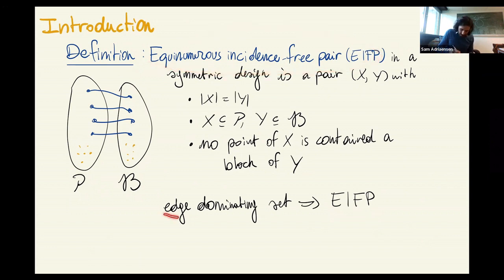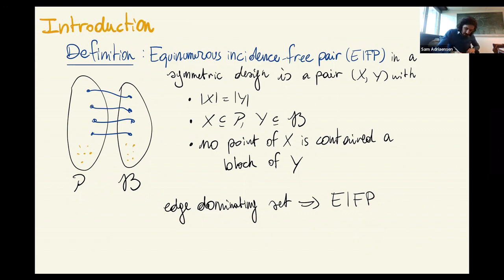So anyway, an edge dominating set gives rise to an equinumerous incidence-free pair, which is nice because these things, well, we can study them with known techniques and known structures of certain symmetric designs. So we can certainly use these equinumerous incidence-free pairs to give some interesting bounds on the size of an edge dominating set.